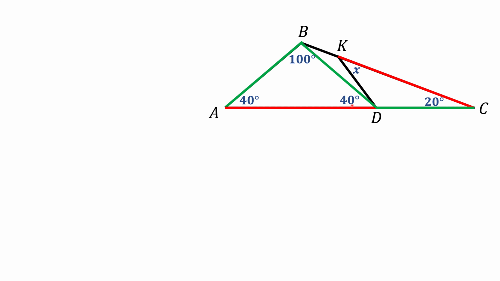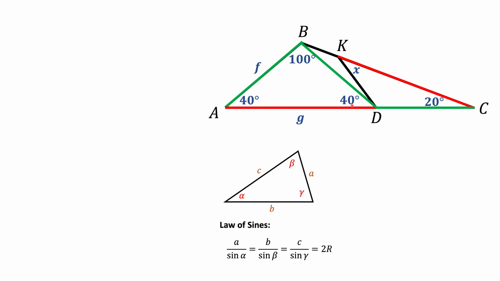Before we do this, to make things easier for us, let's denote AB as F and AD as G. So essentially any green line will have length F and any red line will have length G. So now what we need to know is two facts. One called law of sines, the other called law of cosines. Let me remind you of the law of sines.